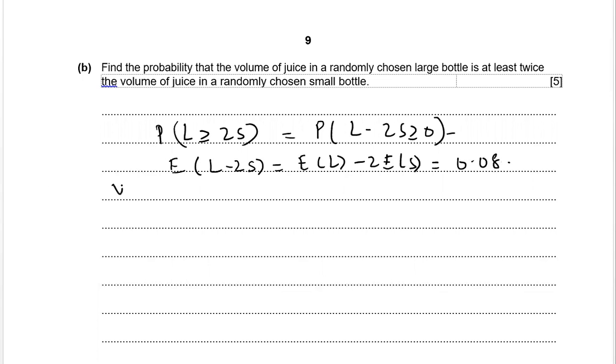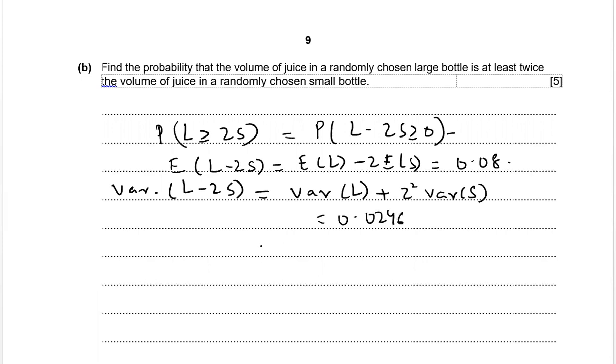But for variance, as you recall, the variance is not subtracted, and since it says twice, the values first of all are added to square variance of S. The final value is coming 0.0246.